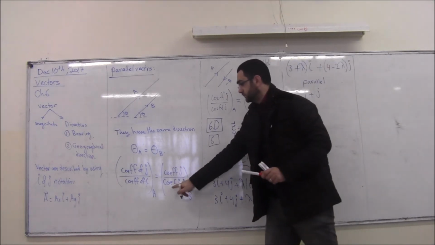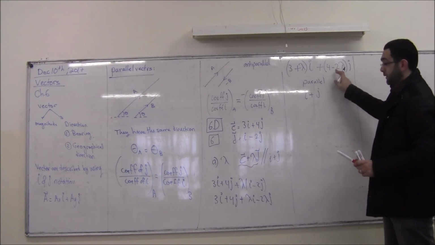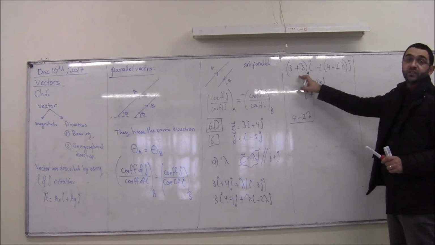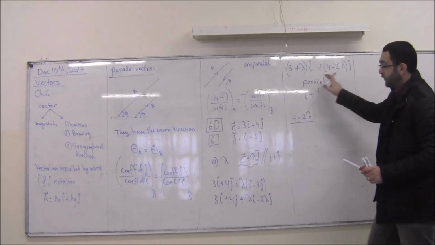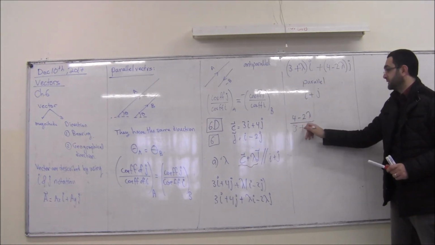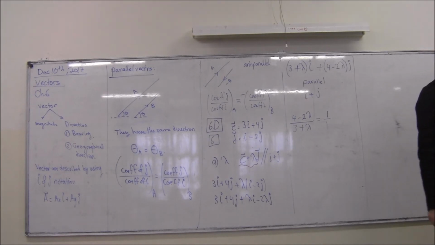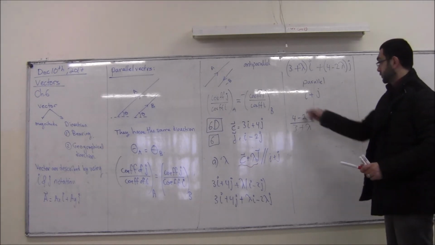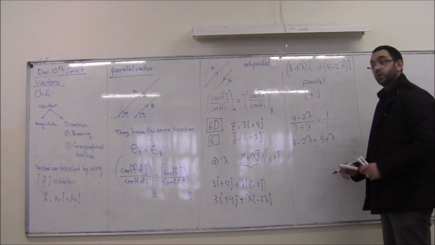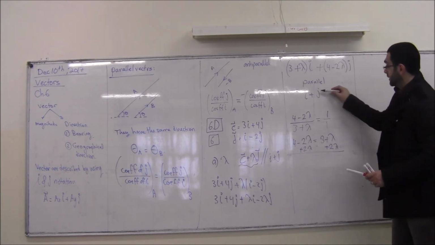Apply this: the coefficient of j over the coefficient of i for the first vector, 4 minus 2 lambda over 3 plus lambda, equals the coefficient of j over the coefficient of i for the second, 1 over 1. Cross multiplying, 4 minus 2 lambda equals 3 plus lambda.